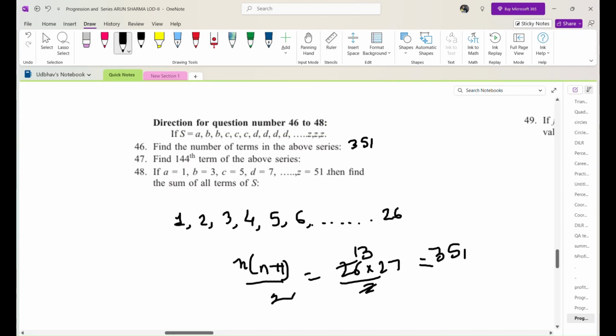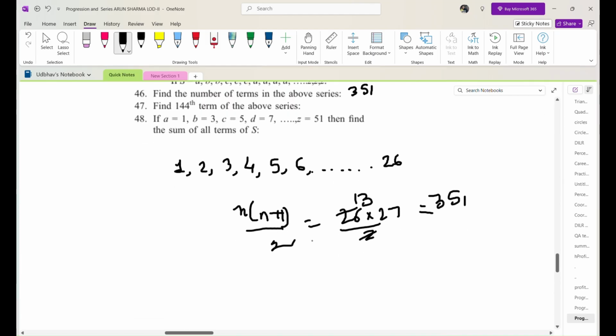So at what term will this give us 144? We can just add it like that.